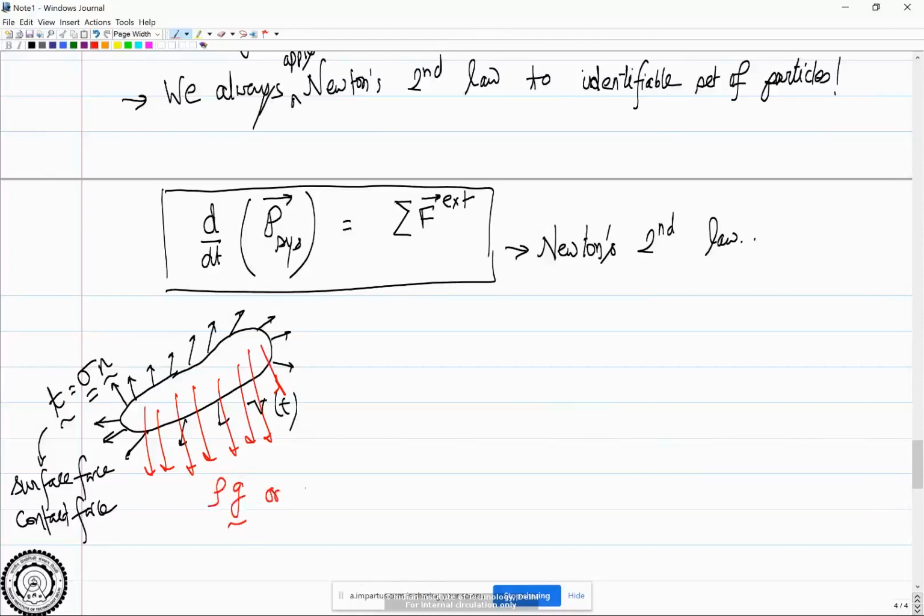Otherwise, you simply write it as, let us say, rho into b, where rho is the current density and b is the force per unit mass. Okay.